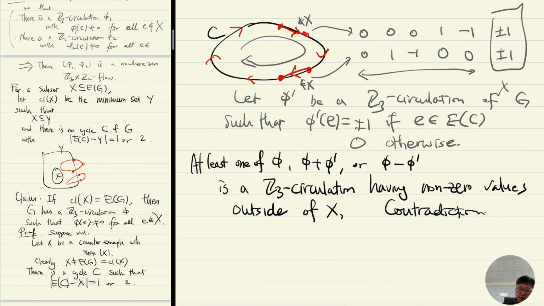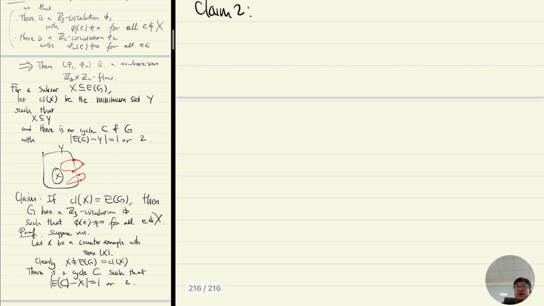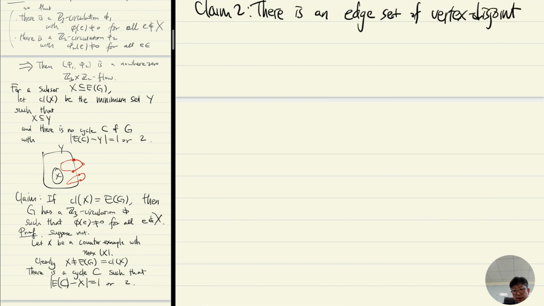So the goal, now claim 2: there is an edge set C of vertex disjoint cycles such that the closure of C is everything, right?